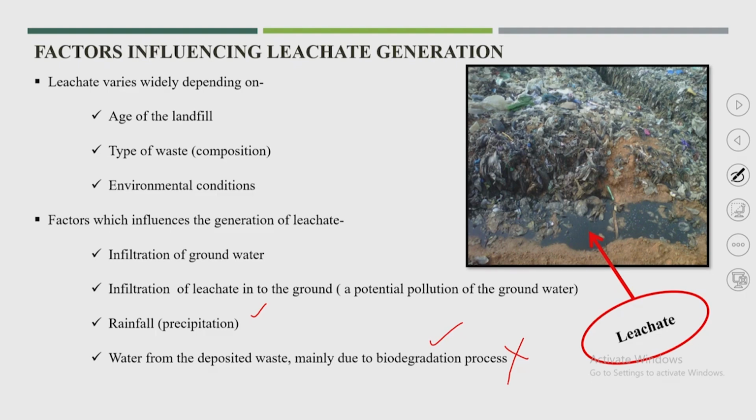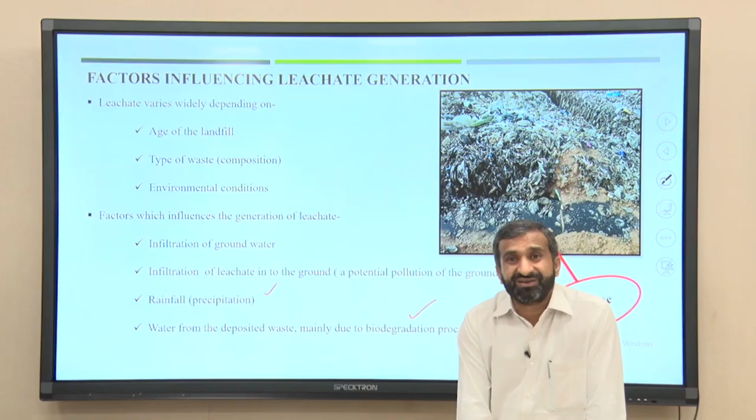Even the final cover should be strong enough so that precipitation should not reach the disposal area. And in such areas, if you are disposing biological waste into the disposal site, then obviously you have to worry more about groundwater pollution or surface water pollution in that particular area.